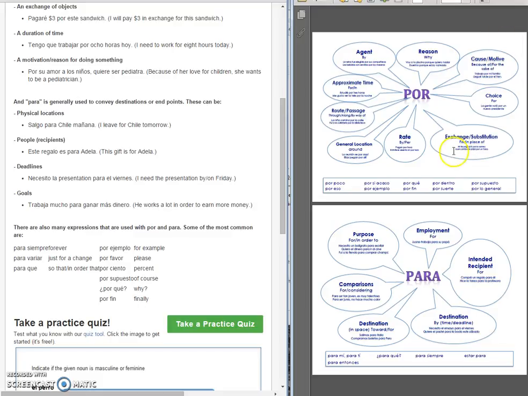I could also say I'm going to the store with the goal or the purpose of buying milk. So voy a la tienda para comprar leche, or voy al supermercado para comprar leche, or voy al supermercado por leche. Either way, I'm buying milk at the grocery store. It's just a different way that I can say it. Choice is hardly ever used, but there it is for you. Exchange and substitution again.